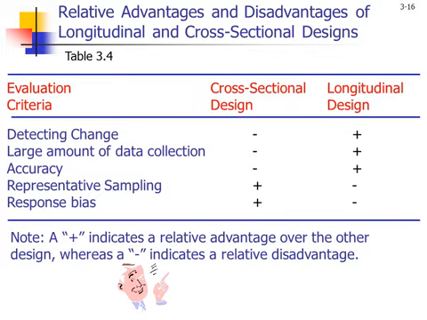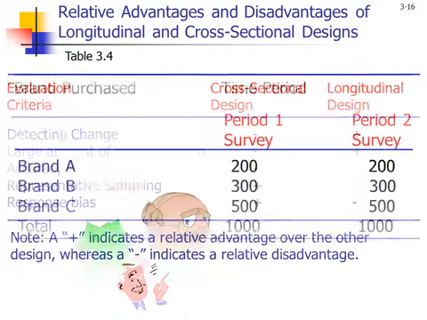And then we have an example of the relative advantages and disadvantages of longitudinal research and cross-sectional research. Here in this table, there are evaluation criteria for the cross-sectional design and the longitudinal design, with their advantages and disadvantages.